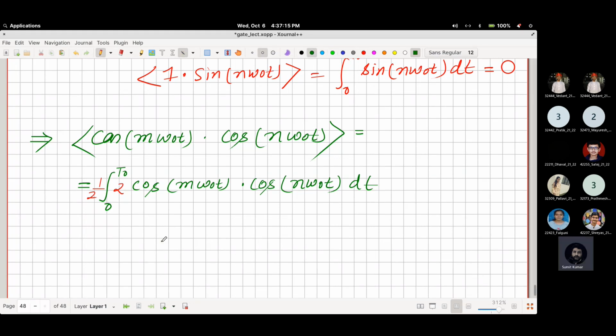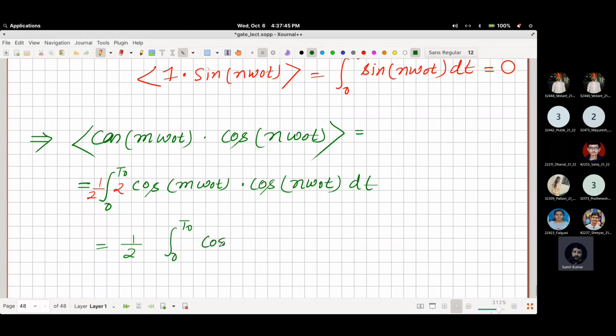Can anybody tell me what this is going to be? 2 cos A into cos B कब आता है? यहाँ पे क्या फॉर्मूला यूज करेंगे हम लोग? Cos A plus B plus cos A minus B.